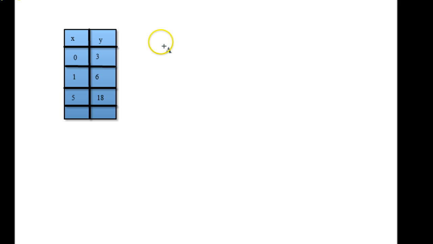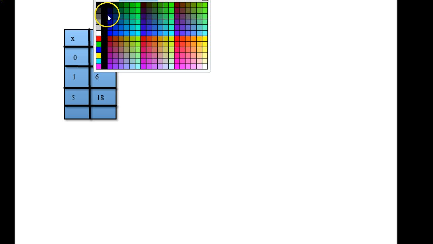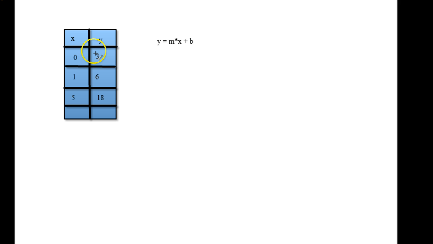If you had to come up with a way to do this, and we talked about this in the very beginning, it's m times x plus b. Right here, I'm going to show you right off the bat just how to write this function when you're given a table.